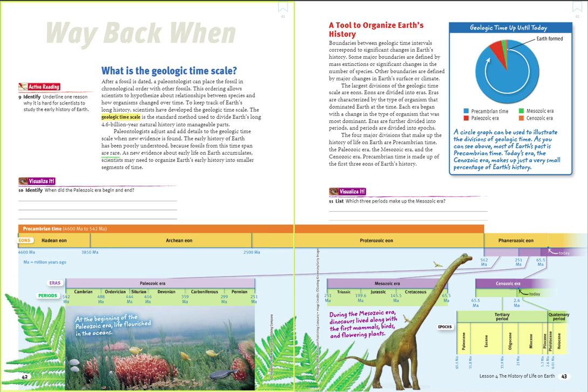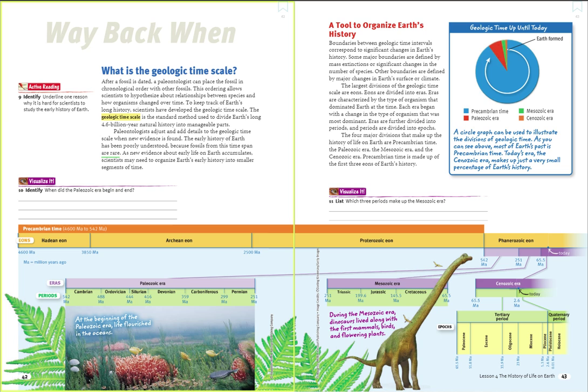And the geologic time scale, what is it exactly? It is a standard method used to divide Earth's long, for example 4.6 billion year natural history, into manageable parts. We are going to put the Earth's ages or eras in the form of a scale.